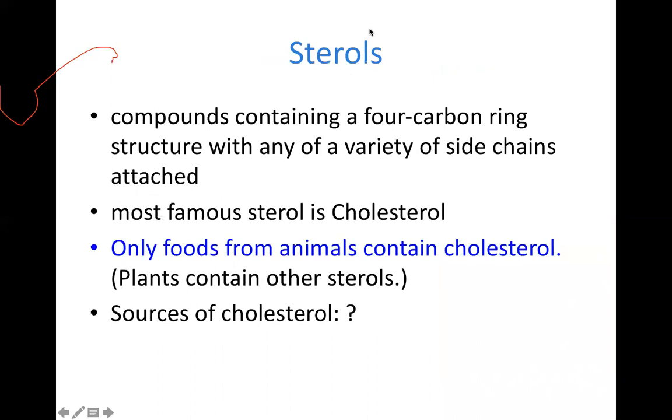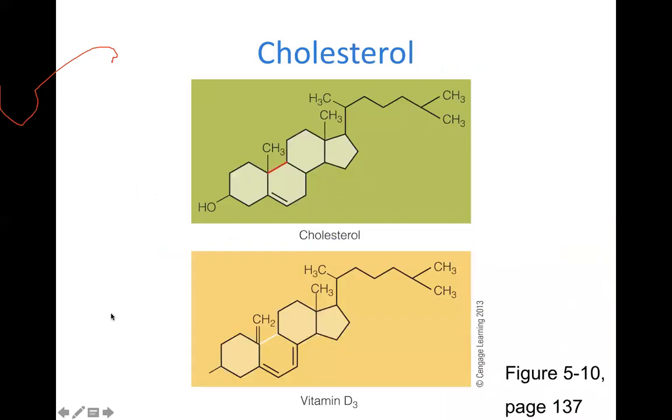Sterols. So sterols are another class of lipids, and these are compounds like cholesterol, and they have 4 kind of ring-shaped figures. Cholesterol specifically only comes from animal foods, and there are other plant-based sterols, but cholesterol only comes from animal foods.